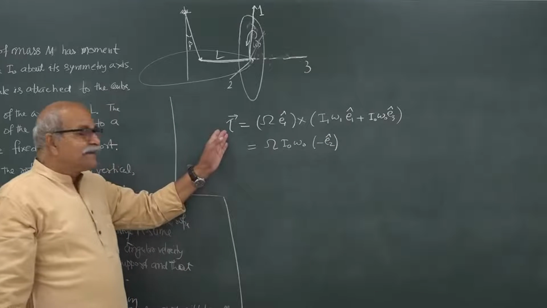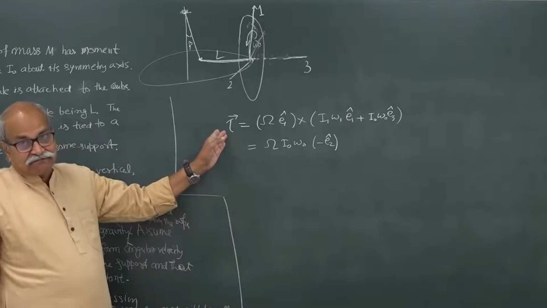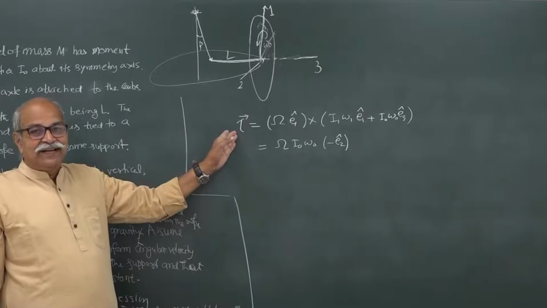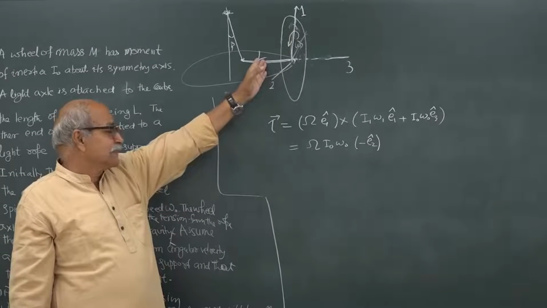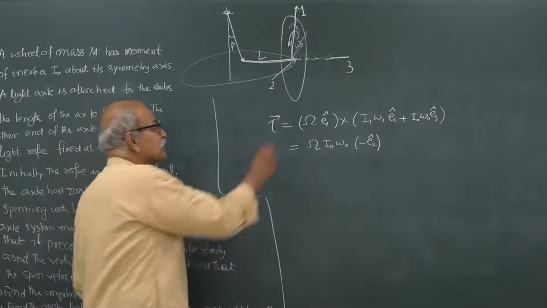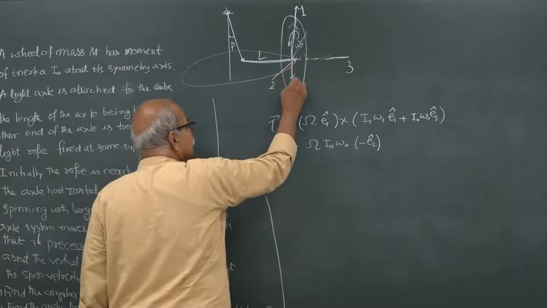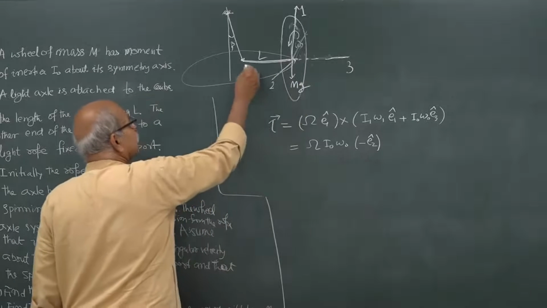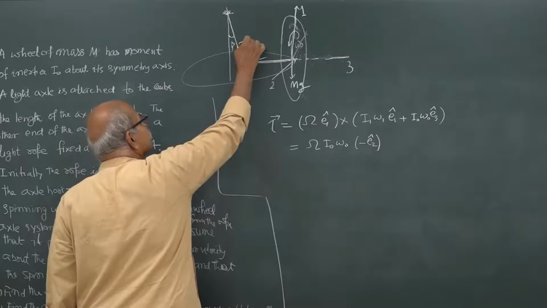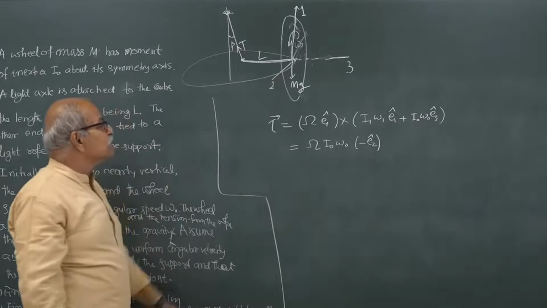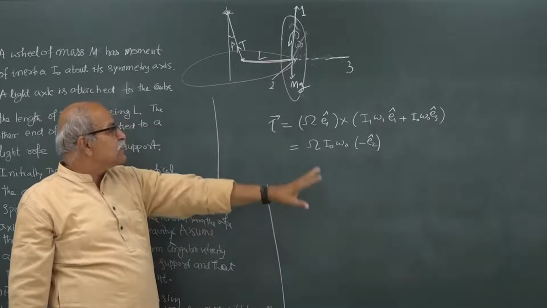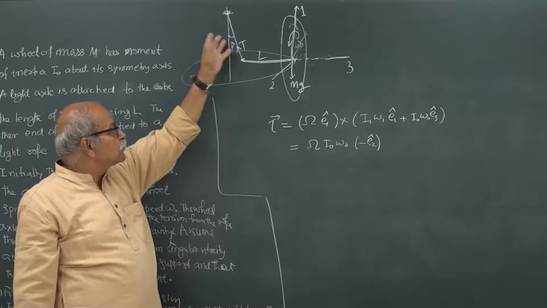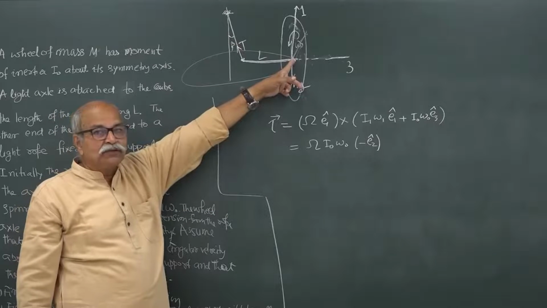Now, the torque is coming from where? The forces. And what are the forces on this wheel axle system? The forces are gravity mg and then this tension T. These are the forces acting on this wheel axle system, for which we are writing all the equations, and we can write the torque about the center, about the origin.